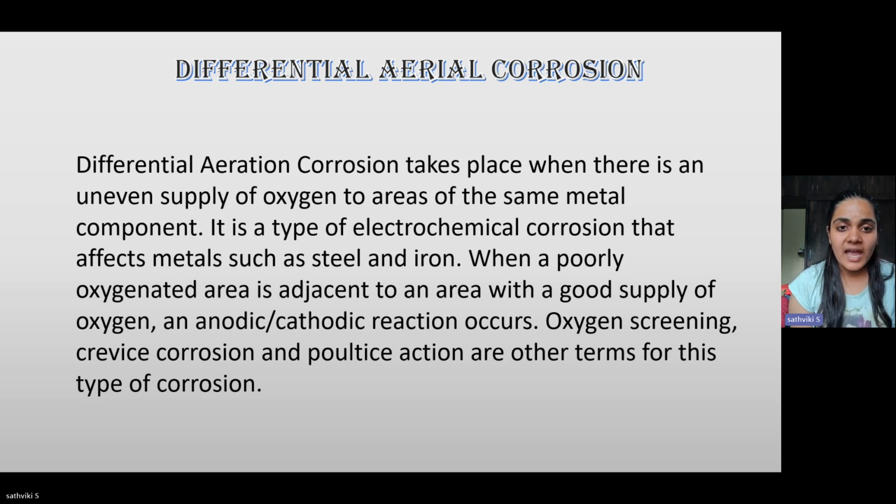When a poorly oxygenated area is adjacent to an area with a good supply of oxygen, an anodic/cathodic reaction occurs. Oxygen screening, crevice corrosion, and poultice action are other terms for this type of corrosion.